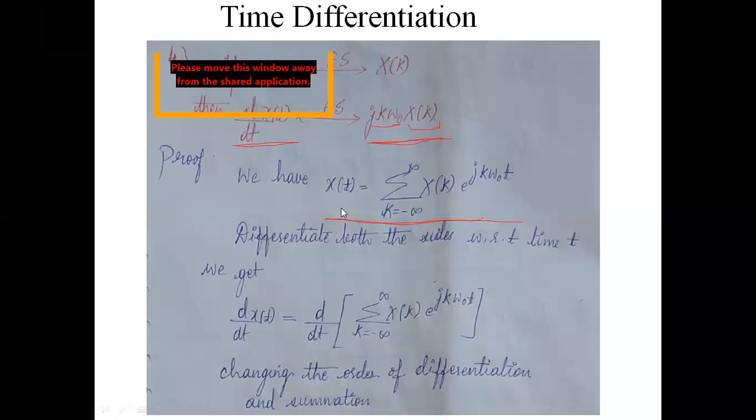Now let us differentiate this expression on both sides with respect to t. On the left hand side, you have d by dt of x of t. On the right hand side, d by dt of the summation of x of k e raised to j k omega naught t. Now I cannot differentiate x of k with respect to t, so I'm going to take it out and differentiate this exponential term, which is the function of t.